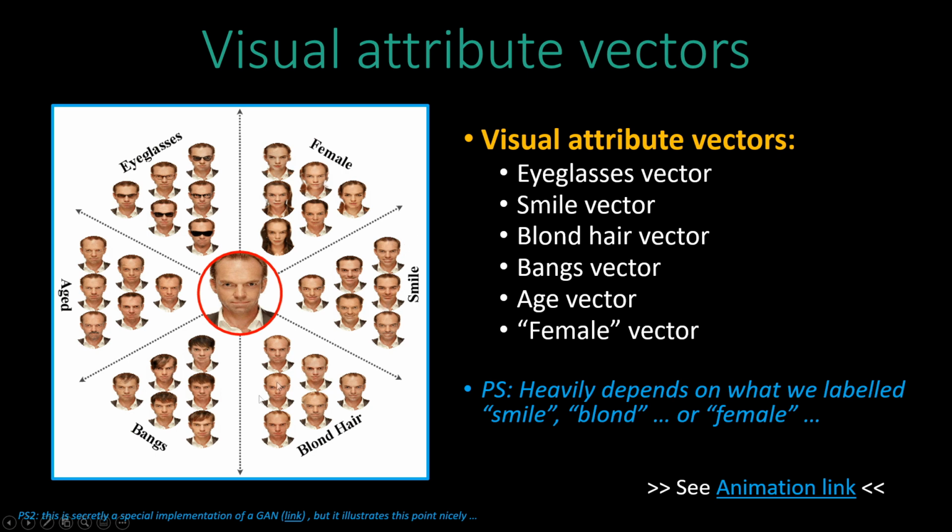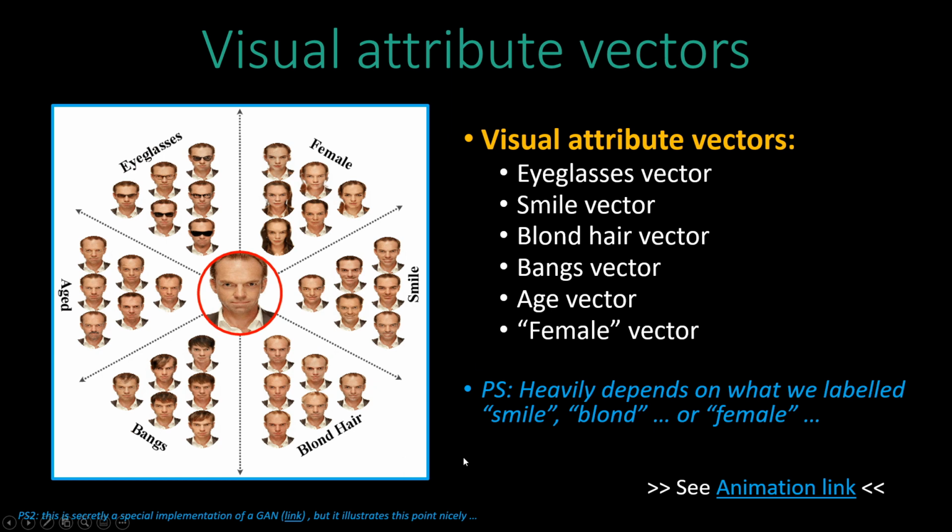This heavily depends on what we have labeled as smile or as blonde or as female, which is actually not as simple to do. It's not something which should be done super easily. You cannot really do that with just simple visual information. And so this is where these models maybe fail, because what we have encoded here is just the visual information and maybe some labels that we assigned to it.